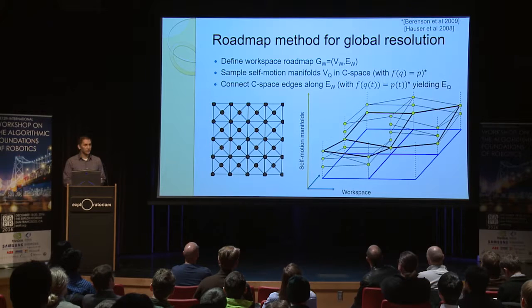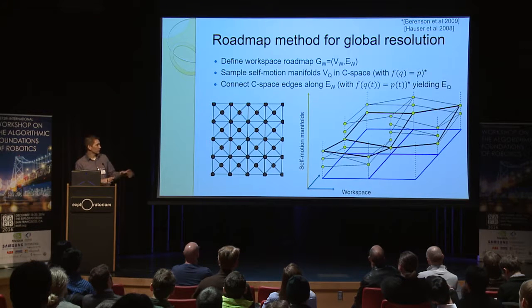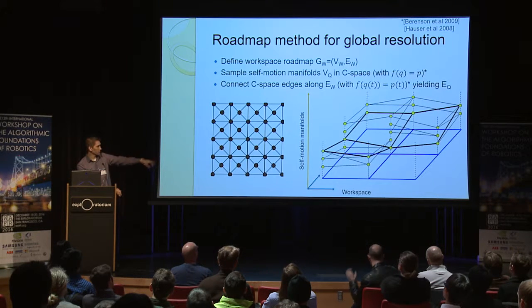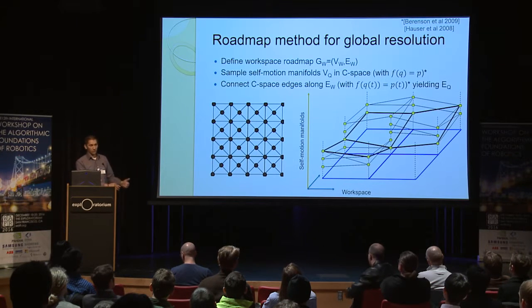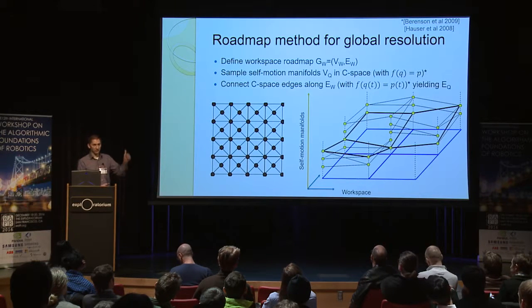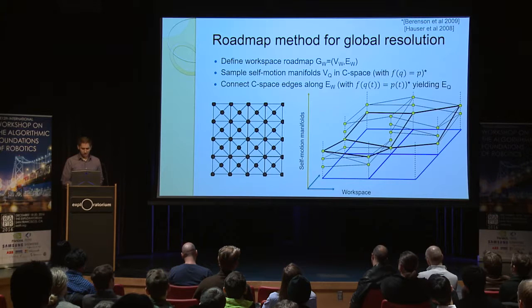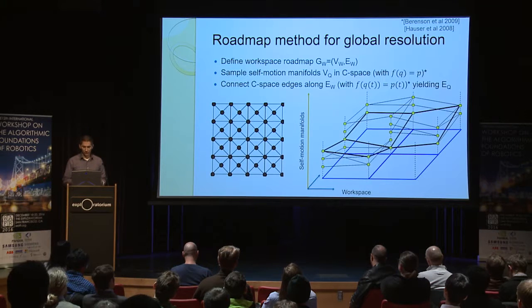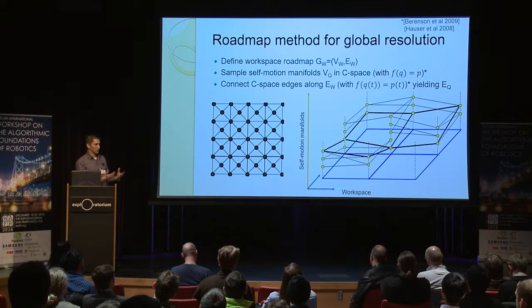The way this is done is, think of this as a kind of three-dimensional plot. On the XY axis is a workspace grid. This is a 3x3 set of points. And on the vertical axis is the set of self-motion manifolds, basically the configuration space of the robot. What I do is sample each of the self-motion manifolds at each of these workspace points and make sure that each of those satisfies the inverse kinematics constraint, or the forward kinematics constraint.